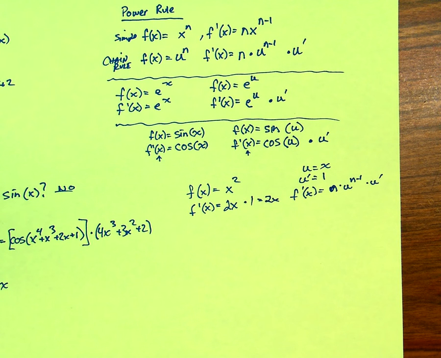If it's just simply an x, or simply the variable you're taking the derivative with respect to, the derivative of x, the derivative of theta, the derivative of y, it's always 1. So we're always multiplying by 1, so we don't really see it. But as soon as it gets a little more complicated than just an x, all of a sudden we have to take the derivative of that chunk that is different than x.